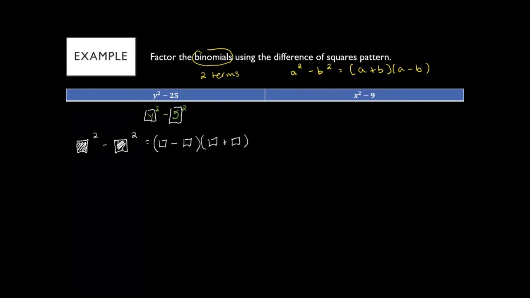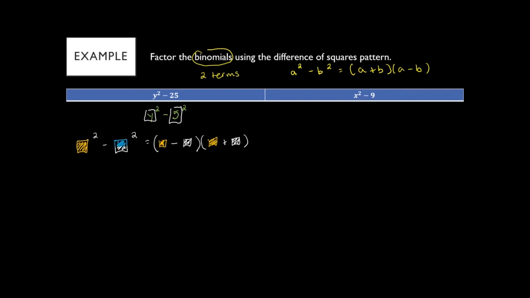Actually, let me color these in and then I will color code. So the first thing is orange, and that always goes in the front. So if you color code, you can kind of see the pattern.